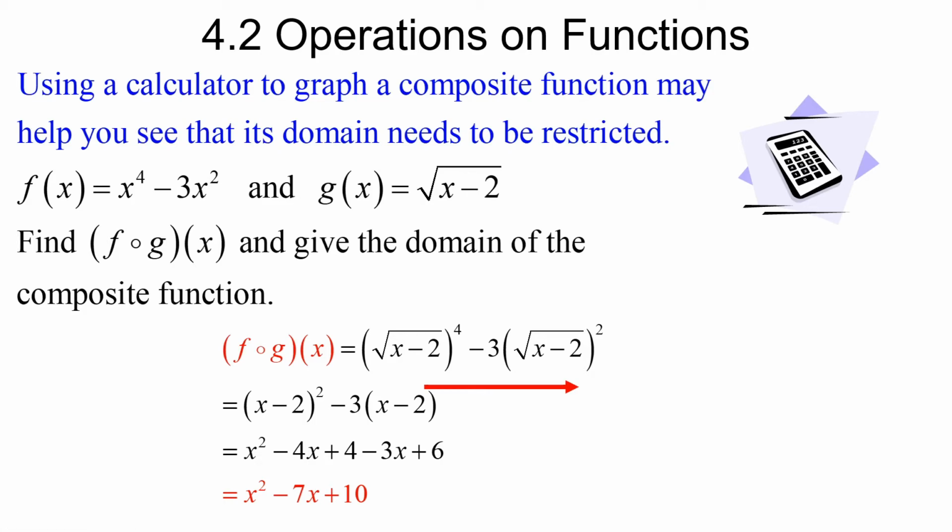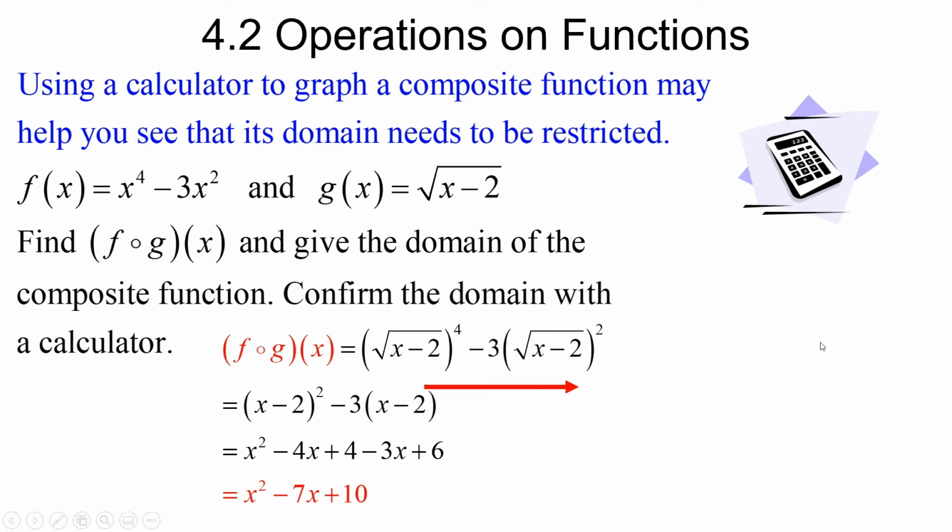You must remember, you have to look at the unsimplified version of your composite to determine if you're going to have some domain restrictions. So I can't look at the graph of x squared minus 7x plus 10, which is a parabola that would go on forever in both directions. I have to look at this function before I had simplified it. All right, and I see some radicals, so I know there's going to be domain restrictions here.